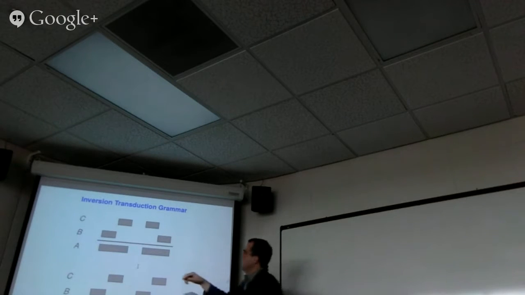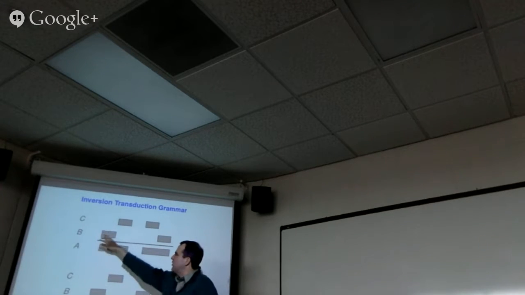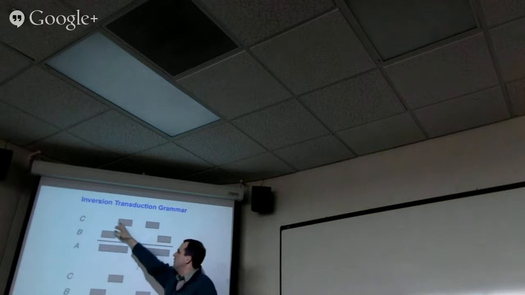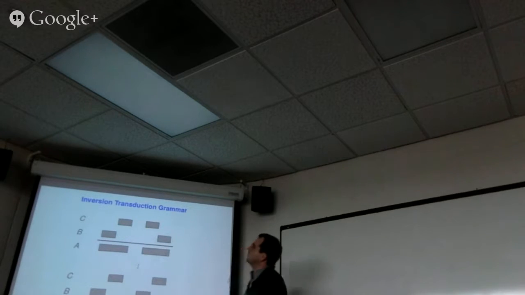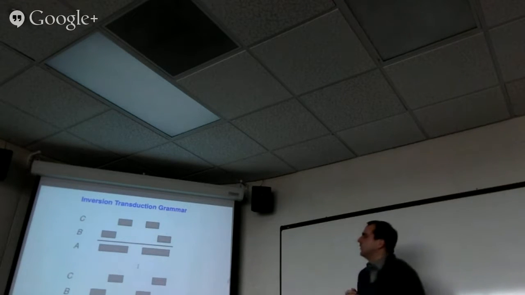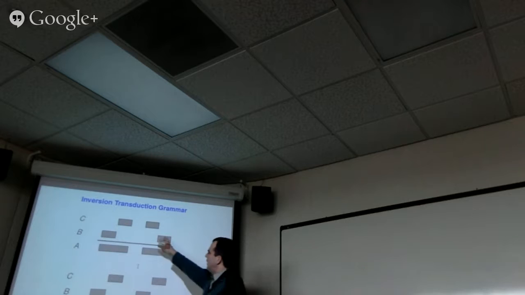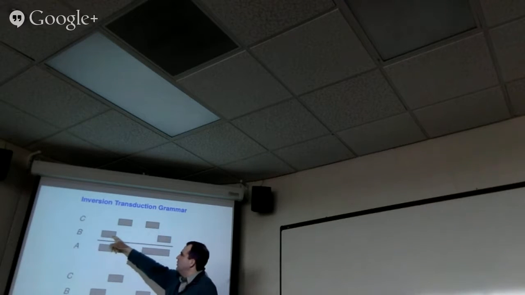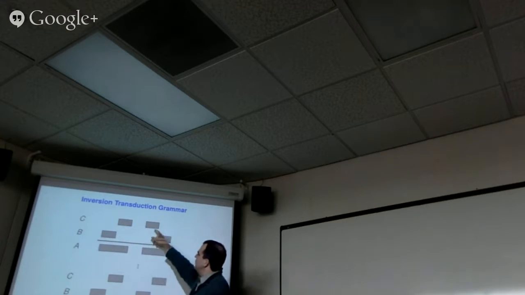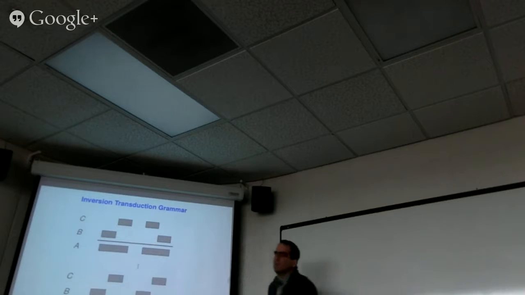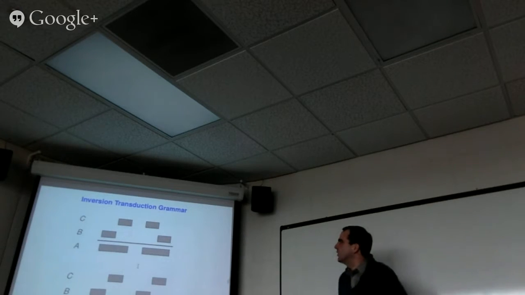And you've already found a B, and it covers something in English and something in Chinese. So you cover something in English, something in Chinese, and you combine those together to make an A, which covers something in English and something in Chinese. And this pattern means that B was before C in English, but B was after C in Chinese. So there's a switch in the order.